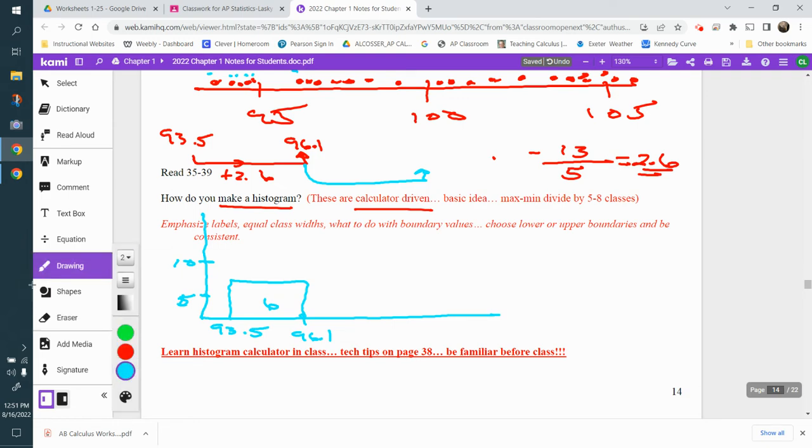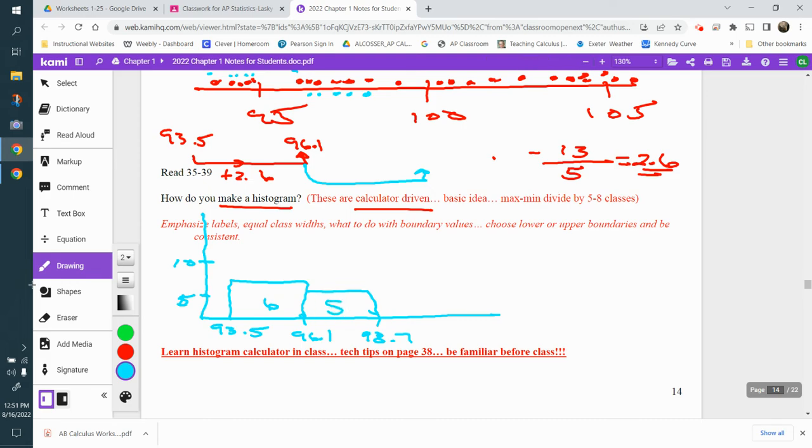So then I add 2.6, and if I add 2.6, I get approximately 98.7. So now I go back to my dot plot and I count 98 to 98.7. So I'm going to count 1, 2, 3, 4, 5. Let's say there's 5 of them, and there's 5 of them in between there.